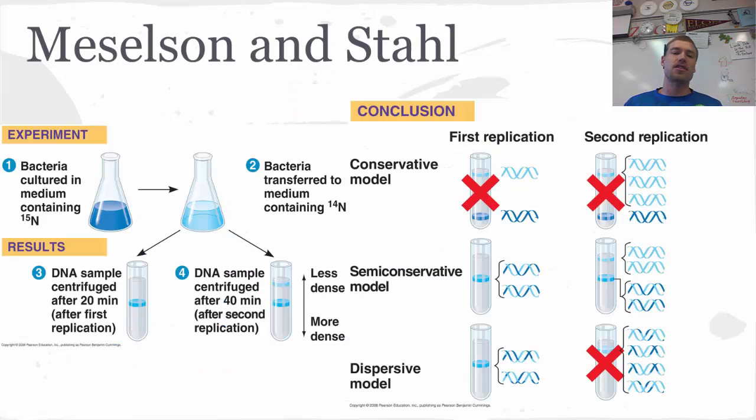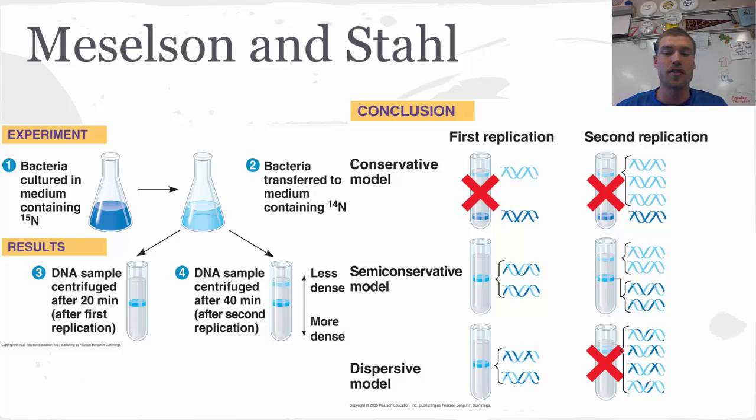So Meselson and Stahl performed an experiment in which they cultured some bacteria in a medium containing nitrogen 15 and some bacteria in nitrogen 14. What we expect is that if it's a conservative model, we're going to see two different bands all the time, because you're always going to have some DNA that is brand new and some that is old.